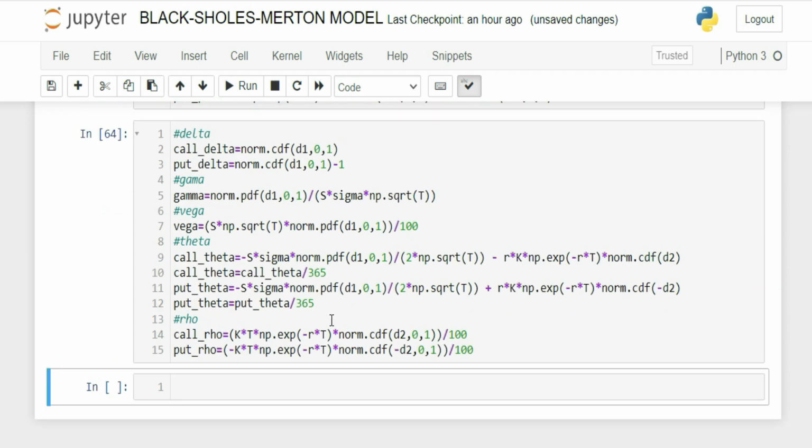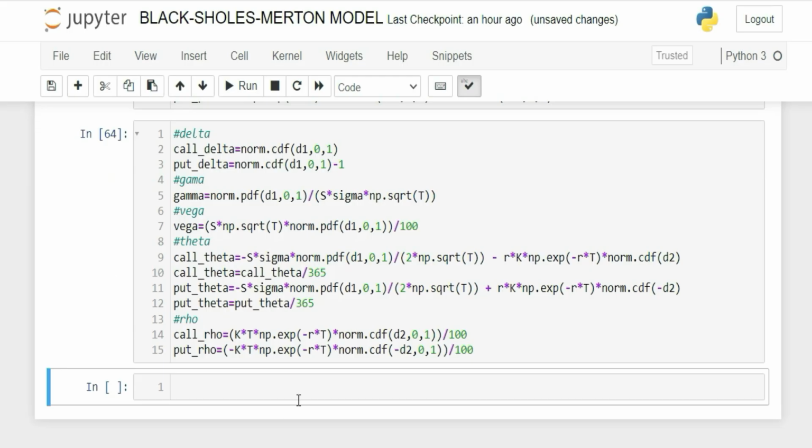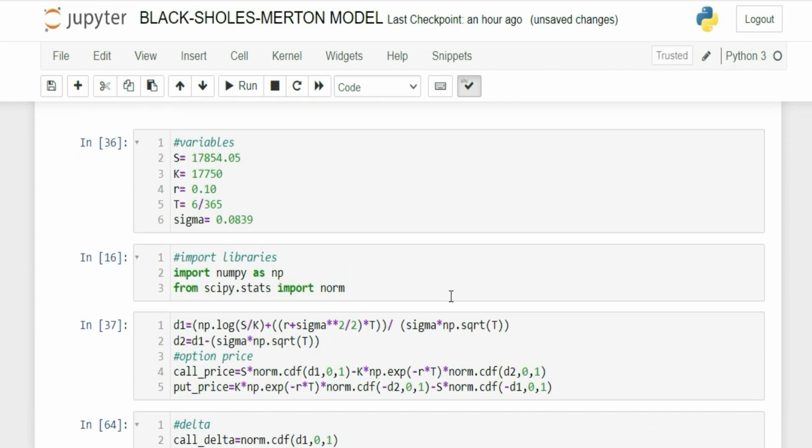I hope you understand the whole concept and mathematical derivation of all this calculation, and this is how you can calculate all your Greeks. Also, if you can see here, all the Greeks are exactly matching. If you want a slightly better presentation, you can write down a table where you can see all the data together. All right, but this is all the calculation.